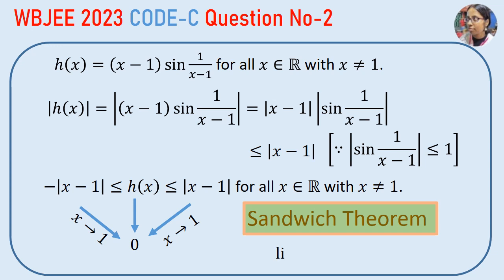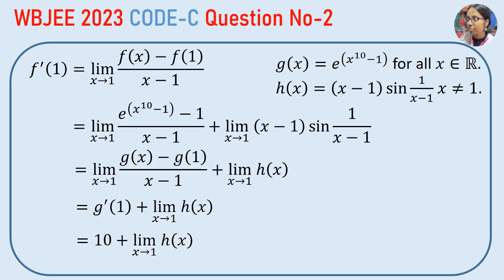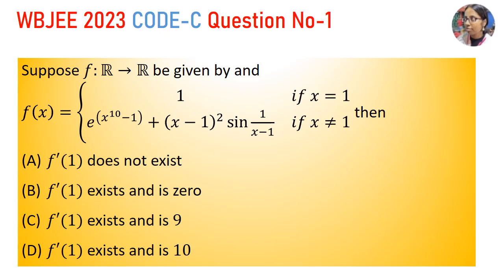Therefore, limit x tends to 1 of h(x) is equal to 0. Now, putting the value of limit x tends to 1 of h(x) as 0, we obtain f prime of 1 is equal to 10. Consequently, f prime of 1 exists and is 10, that is option D is correct.